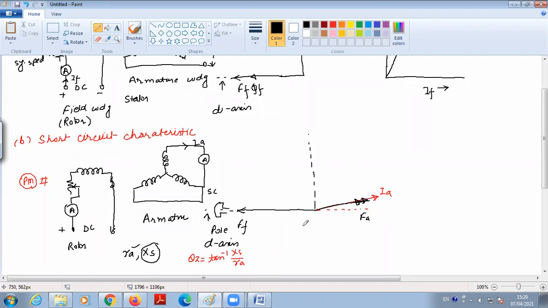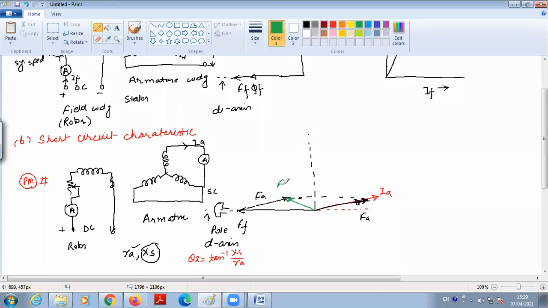Now this FA and this FF both are running at a constant speed, at a constant angle, so we can do vector addition of these two values. This part is FA, this part is FF, and hence this is the resultant MMF.